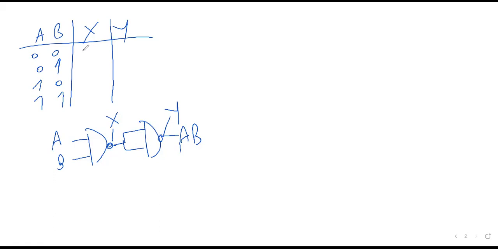Start again. The NAND operation of A and B: 0, 0, 0, 1, 1, 0, 1, 1 gives 1, 1, 1, 0.